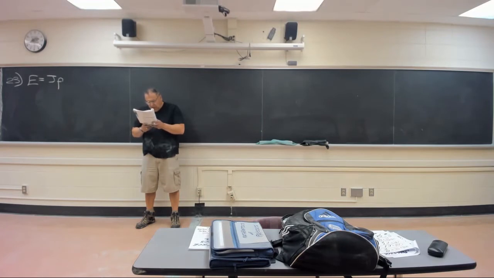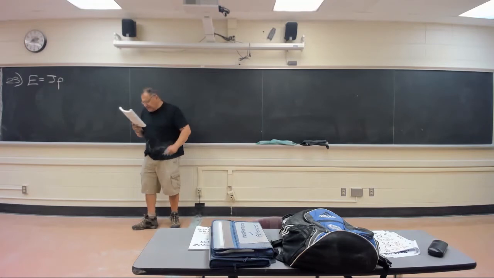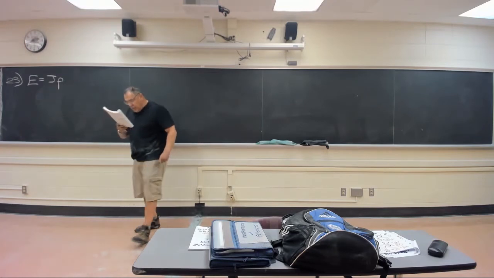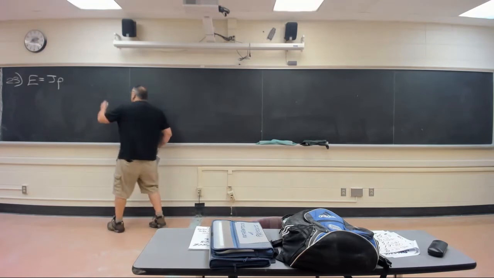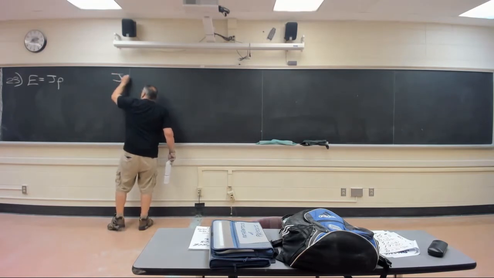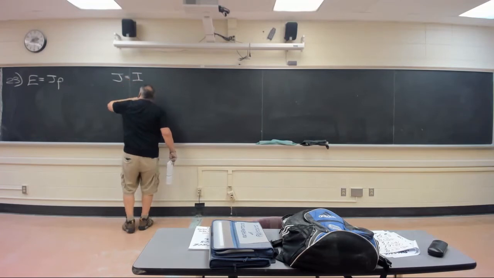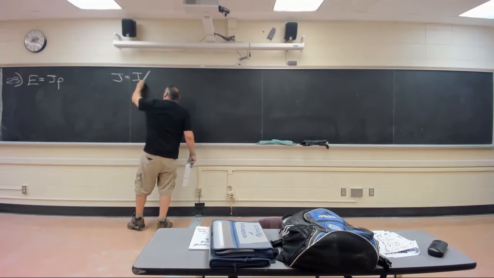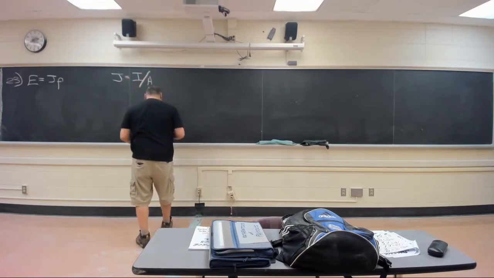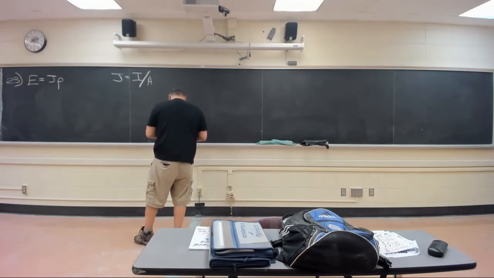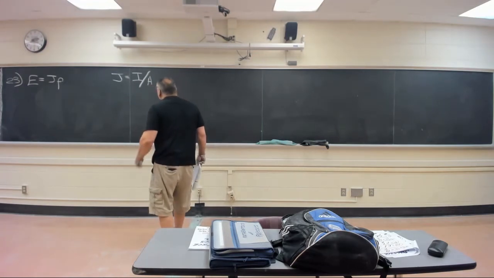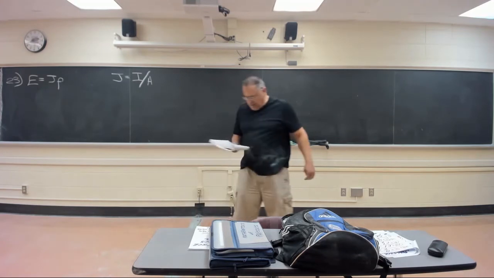Starting from Ohm's law, show that E equals J rho, where E is the magnitude of the electric field, assumed constant, and J equals I over A is called the current density. The result is in fact true in general. So they're saying that. All right.